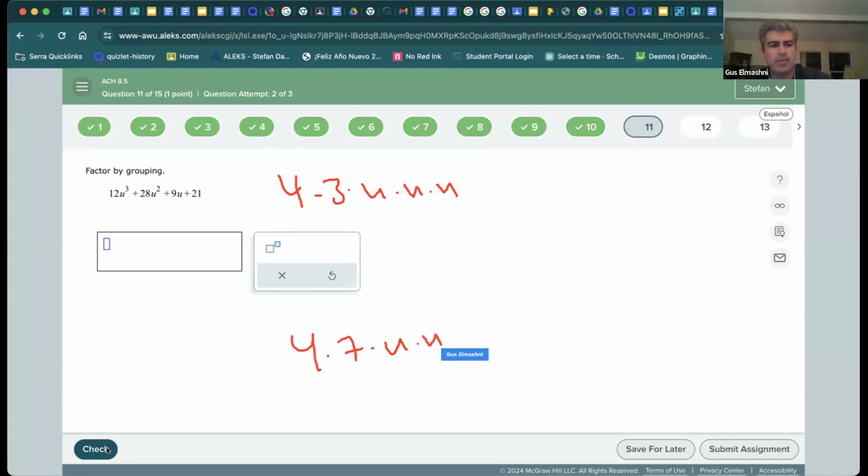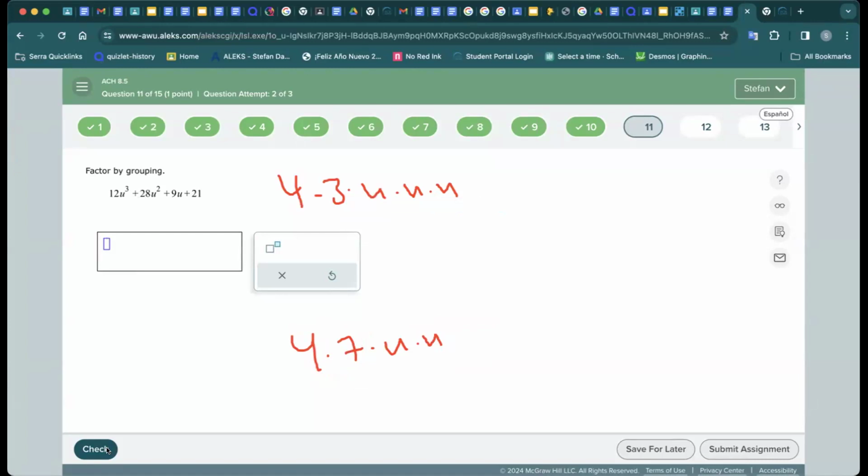So there will be no U's left because they just cancel out? Because they both have 3 U's, and I thought with this factoring, it would cancel out.